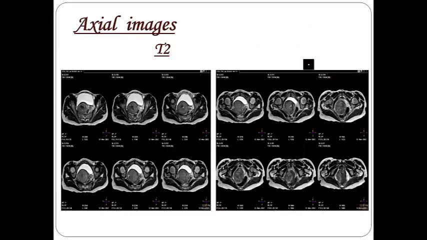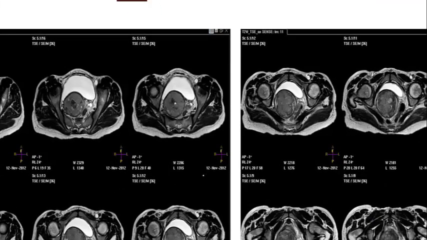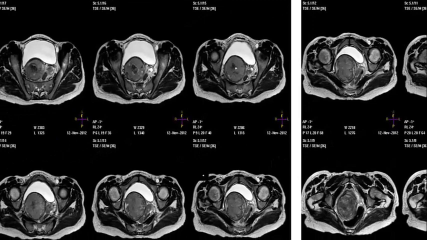This is the T2. Here we see the cervical mass. There is the ovary, and there is parametrial infiltration. There is marked thinning of the cervical stroma. And here, note this is the annulus of the cervix.